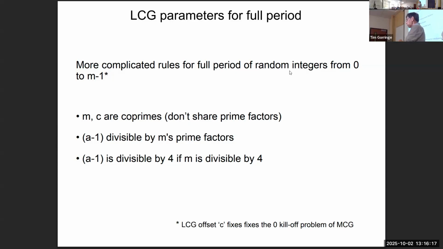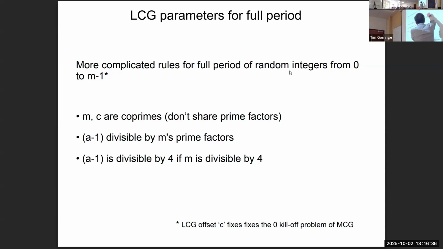Now we've got 3 parameters. We've got the modulus, the multiplier, the offset, and the rules are getting more complicated, and there are mathematical papers on how to derive them, so they're complicated derivations.